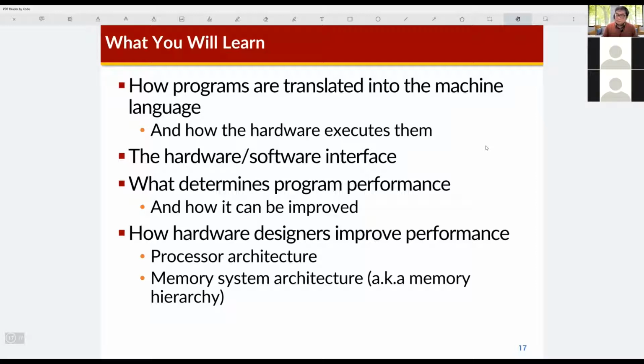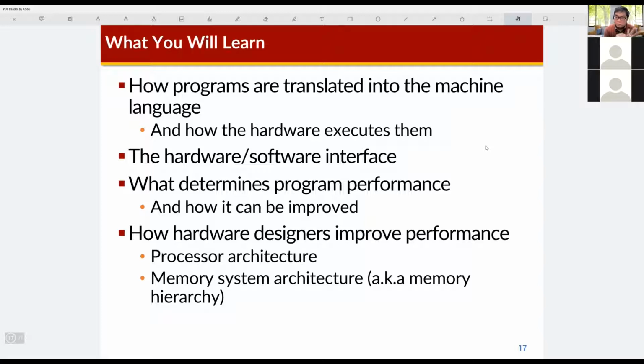This programming language is similar to our natural language, like English. But I said these high-level languages are not understandable to the computer systems.